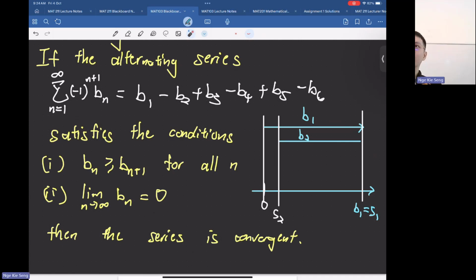I'm adding B3, so I need to go to the right, the positive direction. How far can I go?